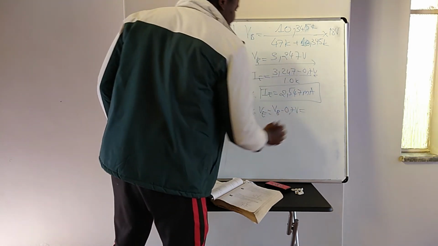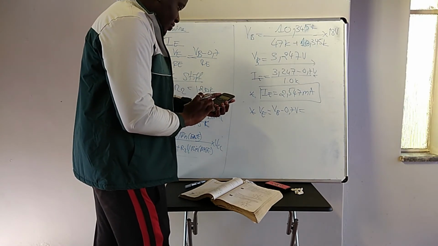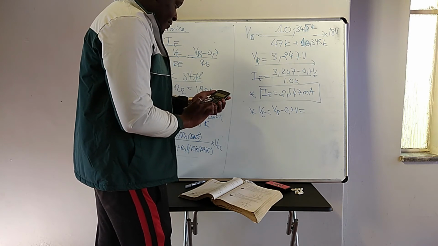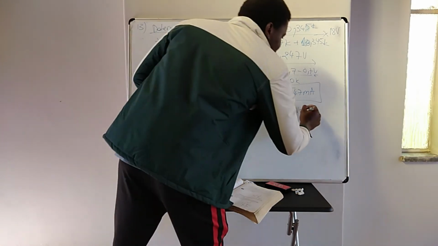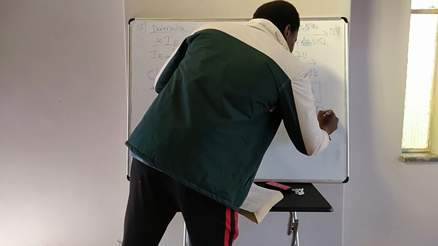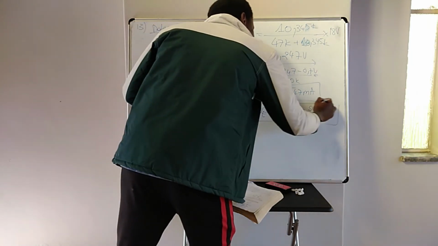So it's going to be what? 3.247 minus 0.7, which is 2.547 volt. This is my VE.